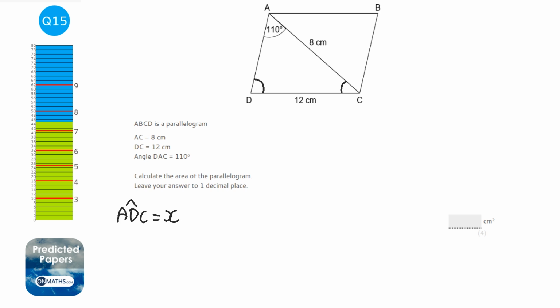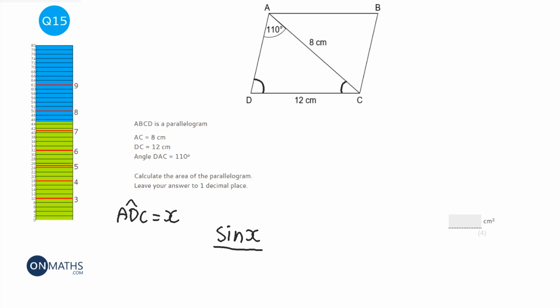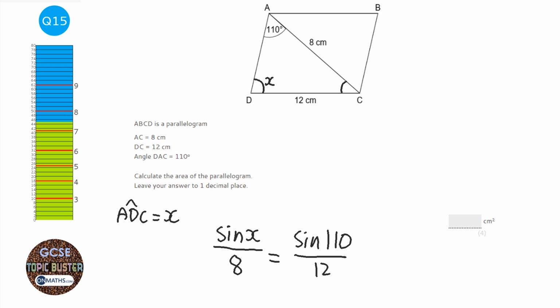So I'm going to use the sine rule, and that says that sine X over, so this is X here, so it's going to be over 8 equals sine 110 over 12.